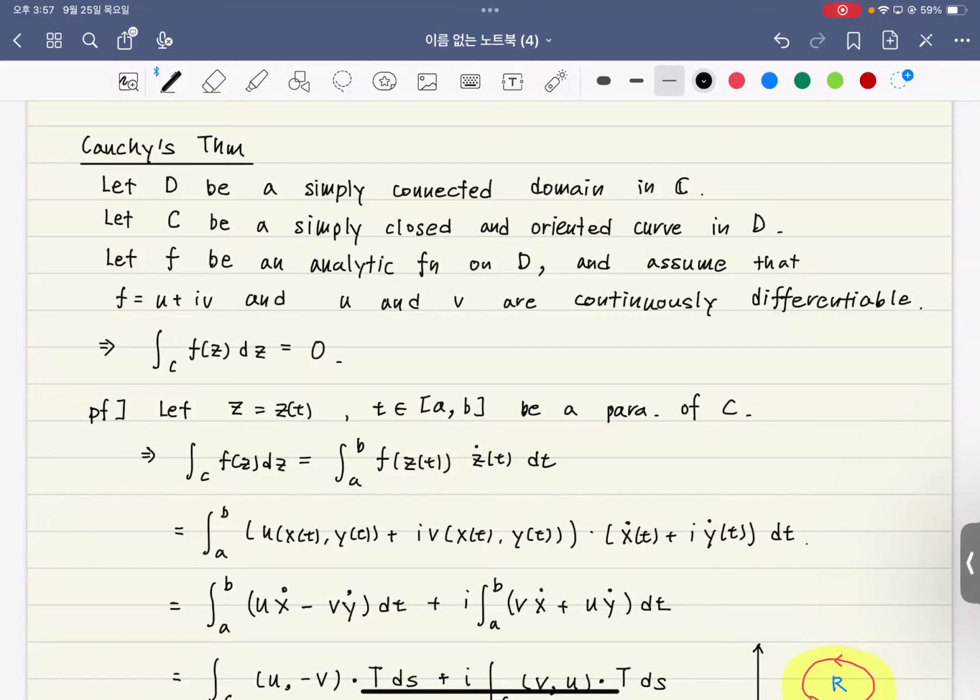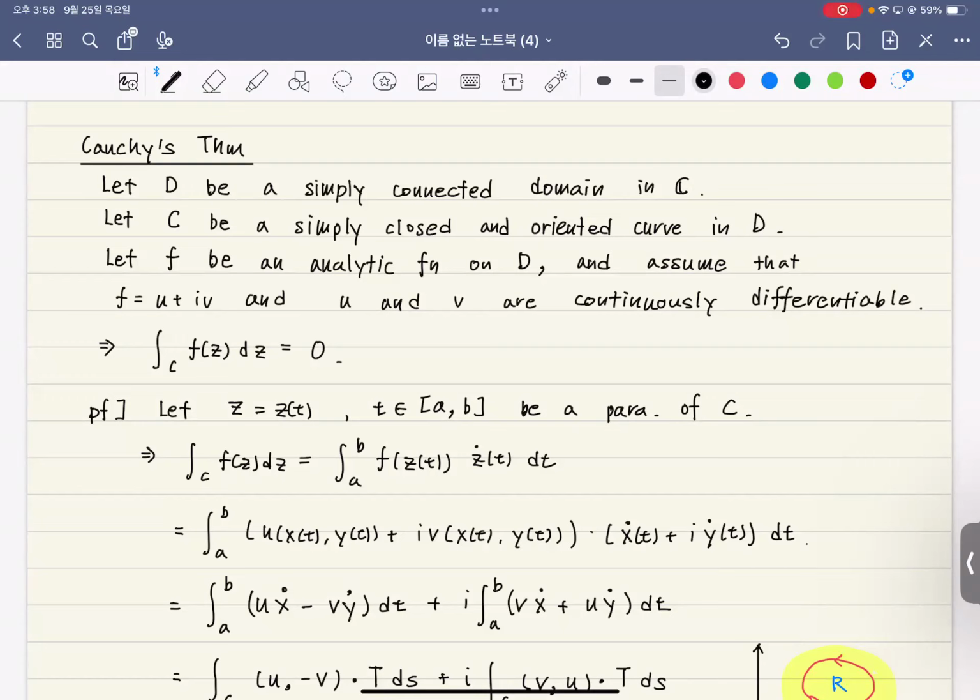Even though this theorem is true for a simply closed curve, you can generalize this result: even if your curve has a finite number of self-intersections, you can break it down into a bunch of simply closed curves.